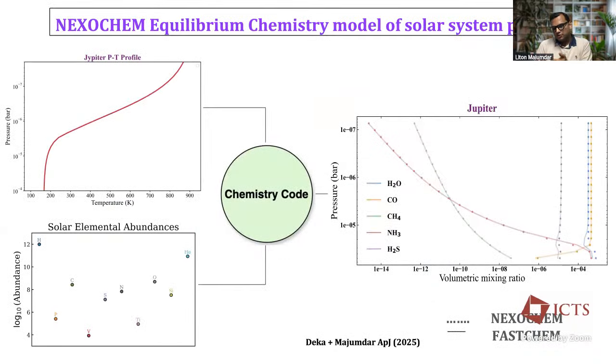So what it means is you're starting from your initial elemental abundances, which you choose, and you put in your favorite pressure-temperature profile. Then, by reaching equilibrium, you get an idea about how different molecular abundances change. So these are all equilibrium abundances for each of the molecules.